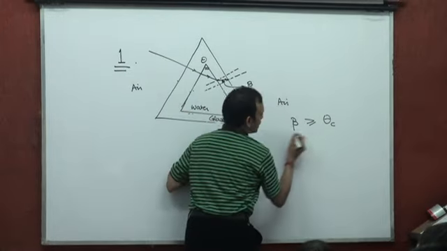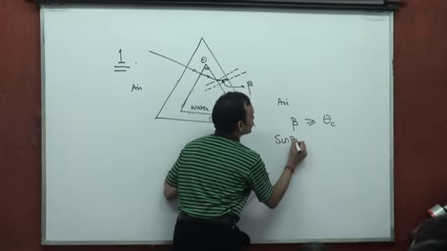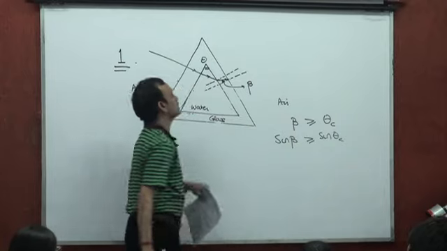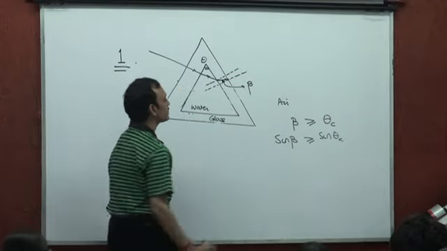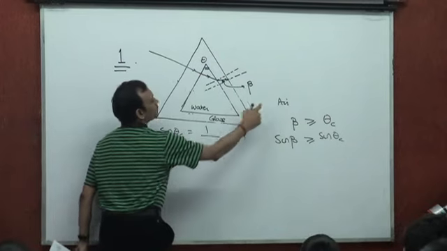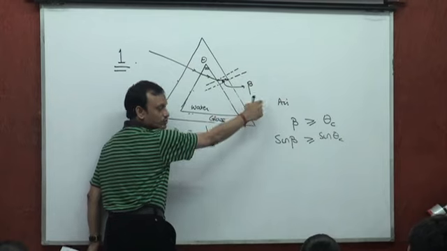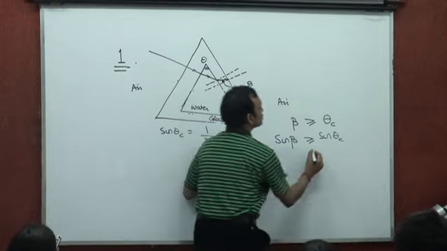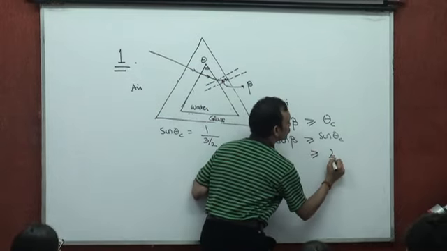And sine beta, therefore, is greater than or equal to sine theta c. And sine theta c for glass-air is going to be 1 by mu of glass with respect to air, that means 1 by 3/2, that is 2/3, right? So this should be greater than or equal to 2/3.